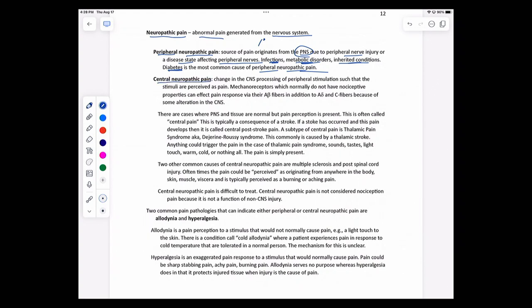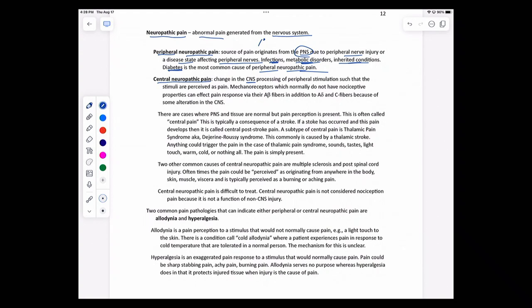Then you have central neuropathic pain, and when I'm talking about central neuropathic pain, obviously we're talking about changes in the central nervous system. In the central nervous system, we're talking about either an issue in your spinal cord or an issue in your brain itself. So what's happening is that the peripheral nervous system is fine. Those primary sensory neurons, they're fine.